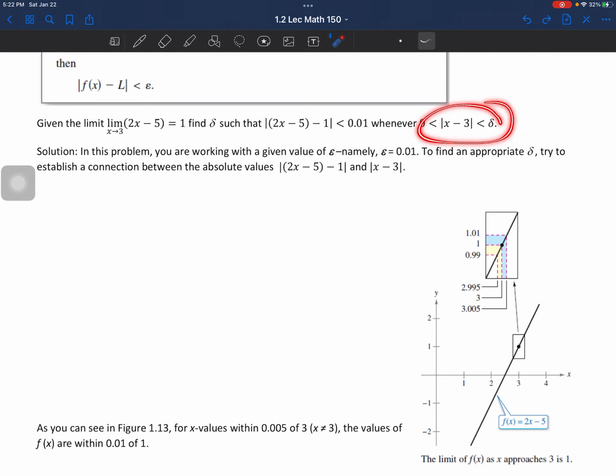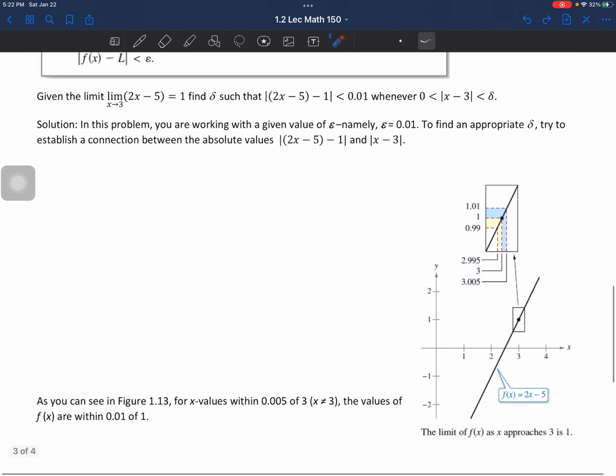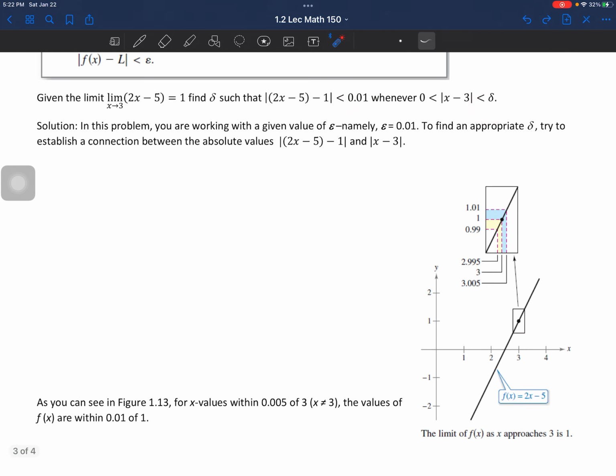So this comes from here, and this comes from here, and they actually gave us this. This is your epsilon. So all we have to do is find the appropriate delta that will give us this.